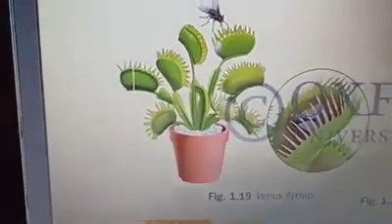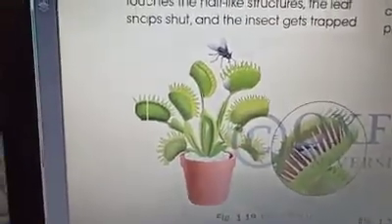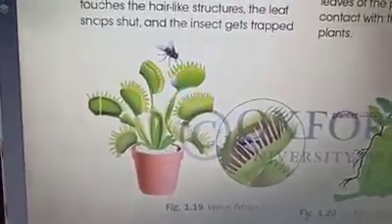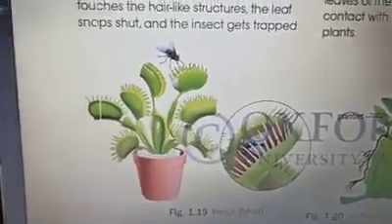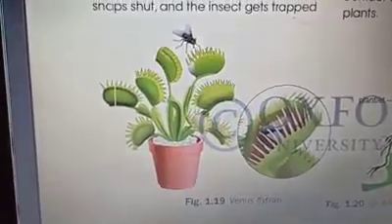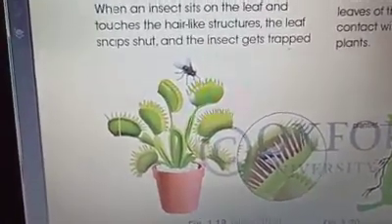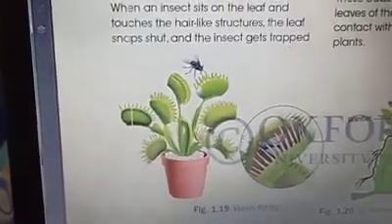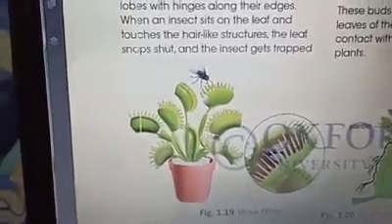Okay, students, those are the many types of modified leaves. You just remember the names of the modification, the function of those modified leaves, and examples. That means in which plant you find those types of modified leaves.